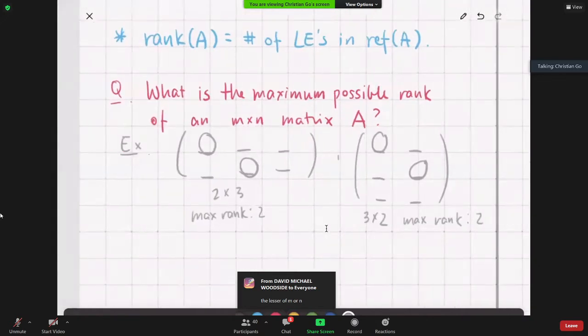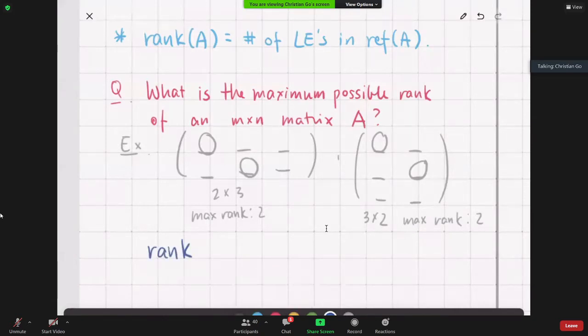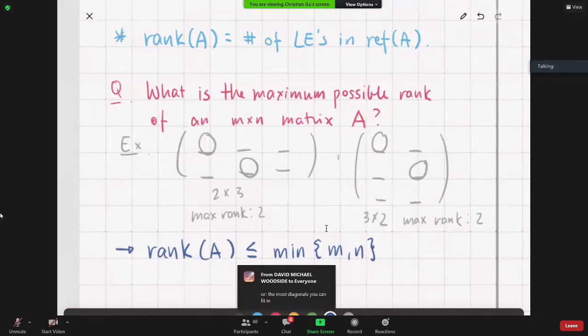So what is the maximum possible rank? The rank of a matrix A is going to be, at most, the minimum, the lesser of m and n. So minimum, the smallest possible value between m and n. Yes. Okay.